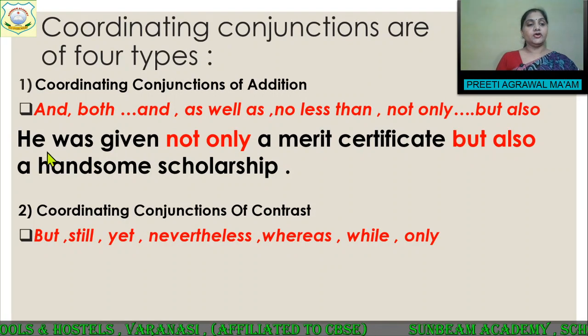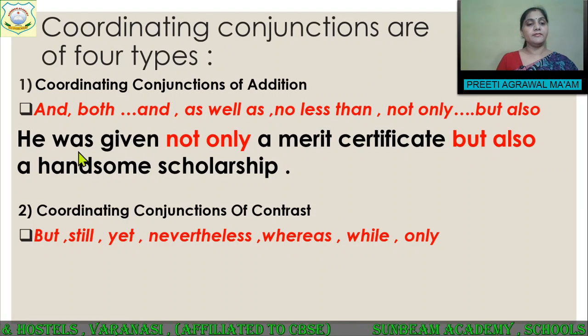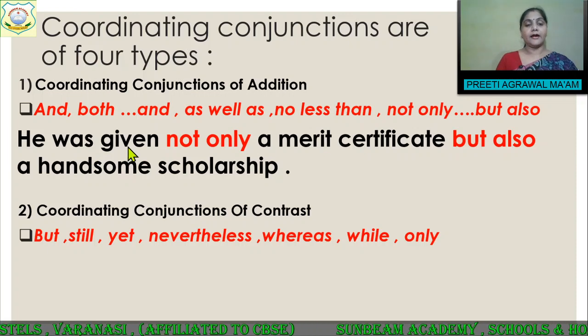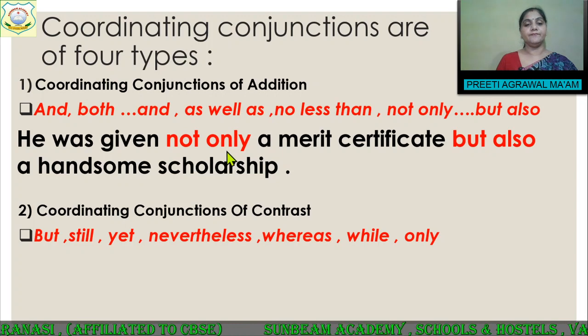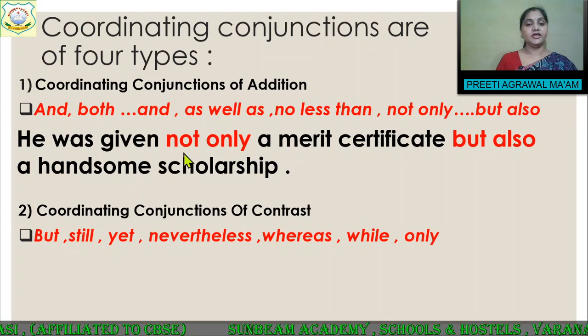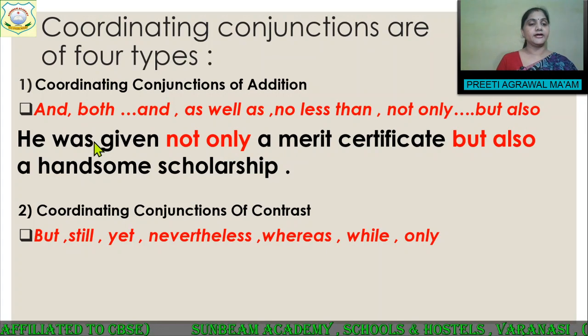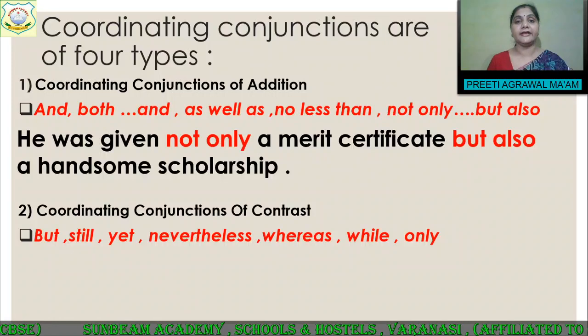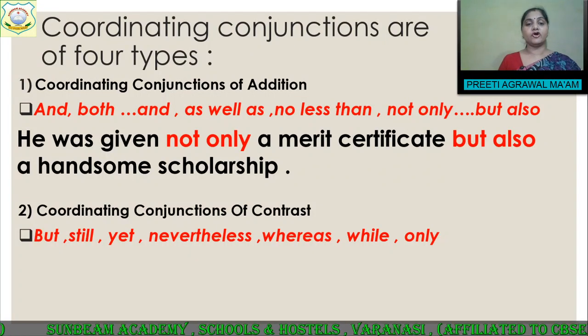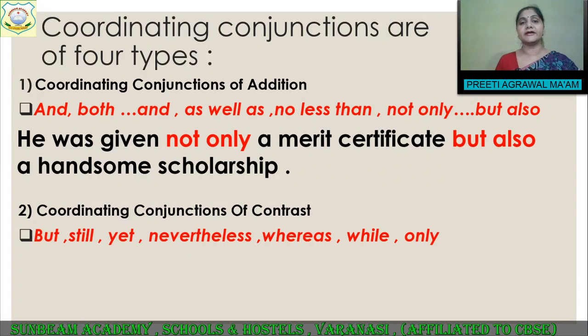Okay, so you have written your subject, then helping verb, then your main verb. And after the main verb only, you can write not only. Clear? If you think that I can use not only just after was, you are wrong. Your sentence will be incorrect. You cannot write he was not only given a merit certificate.